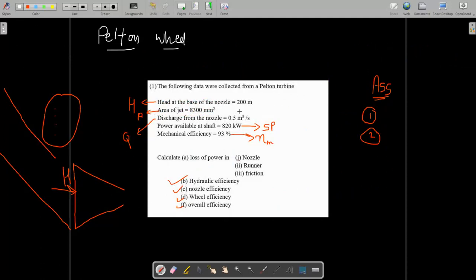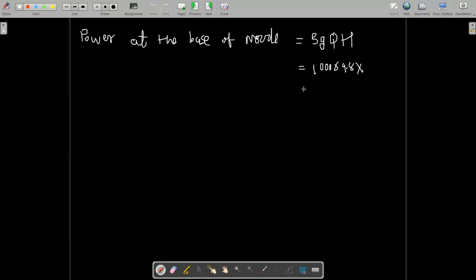Here it is given 0.5. And net head is what? 200 meter is given to us. So when you solve this in your calculator, you will find 979 kilowatt. So this is the theoretical power, or you can say the stagnation power, or power available in the water as a stored energy.